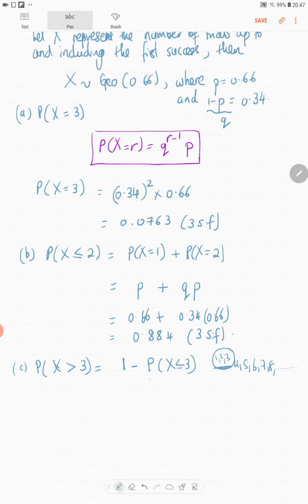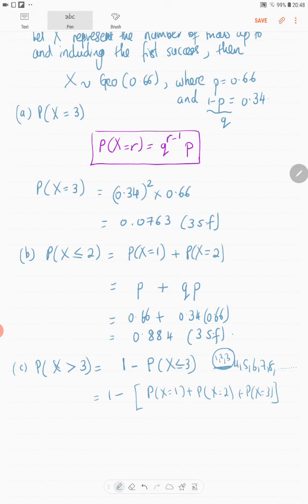So we take 1 minus probability X is less than or equal to 3. So here we have 1 minus the probability X is equal to 1 plus probability X is equal to 2 plus probability X is equal to 3.